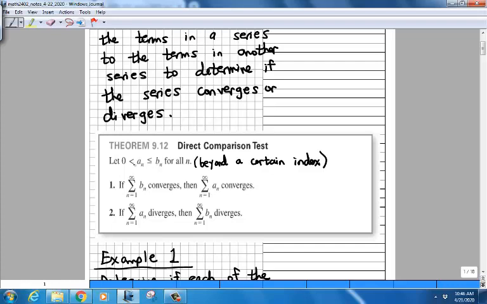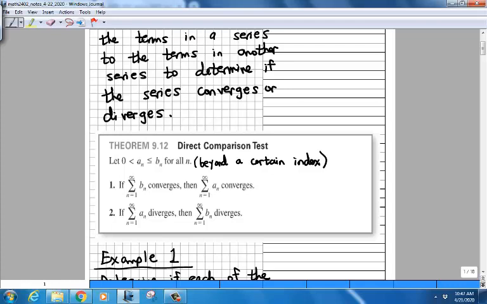So suppose you go term by term, and you can tell that for one of the series, the terms are less than or equal to the terms of the other series. So one of these series kind of dominates the other. The terms of one of the series are bigger than or equal to the terms of the other series.